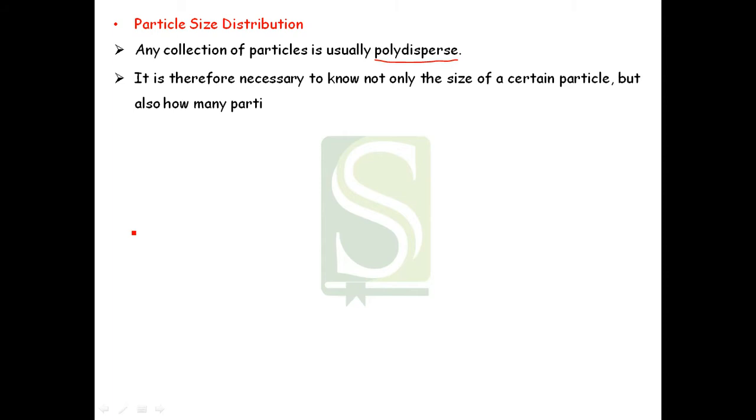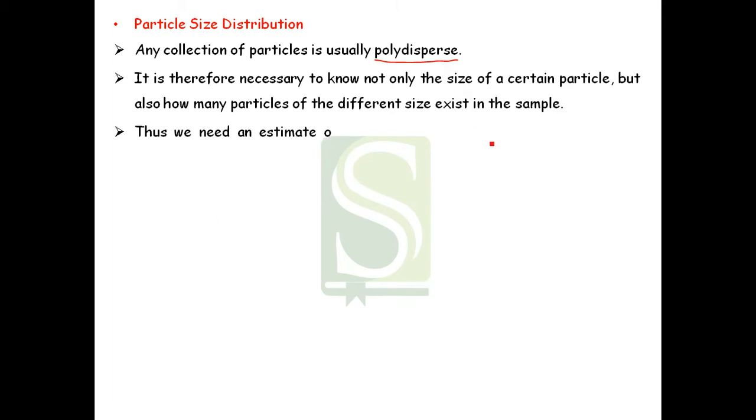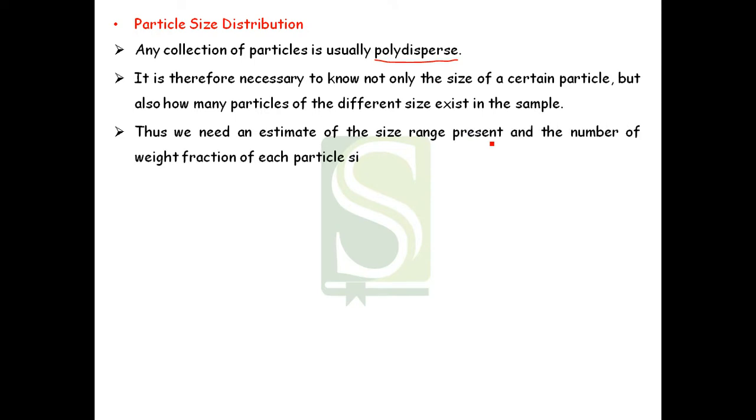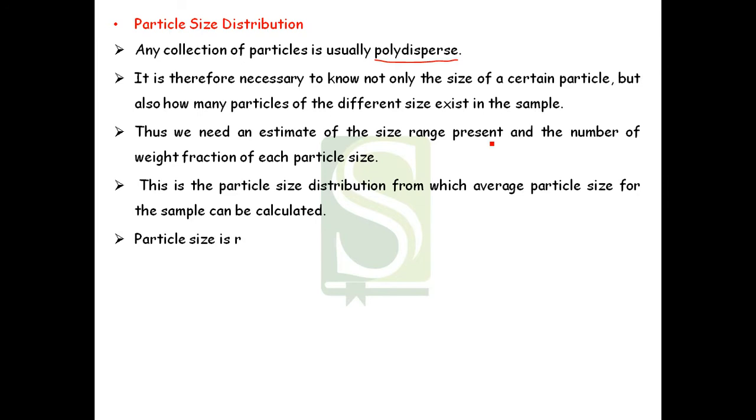So it is therefore necessary to know not only the size of a certain particle but also how many particles of different sizes exist in that sample. Thus we need an estimate of the size range present and the number or weight fraction of each particle size. This is the particle size distribution, from which the average particle size for the sample can be calculated.